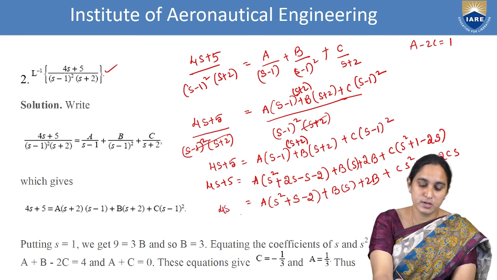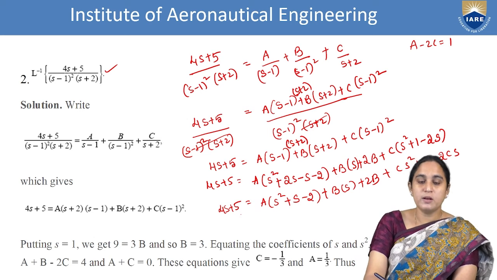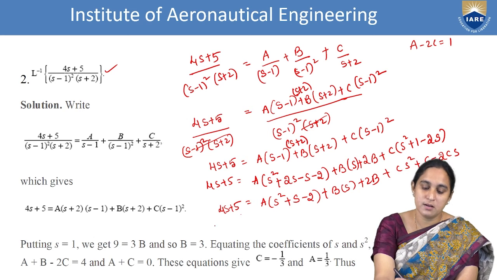In the above step I also wrote it mistakenly. This is equal to 4S plus 5. Now compare the coefficients of S square here.